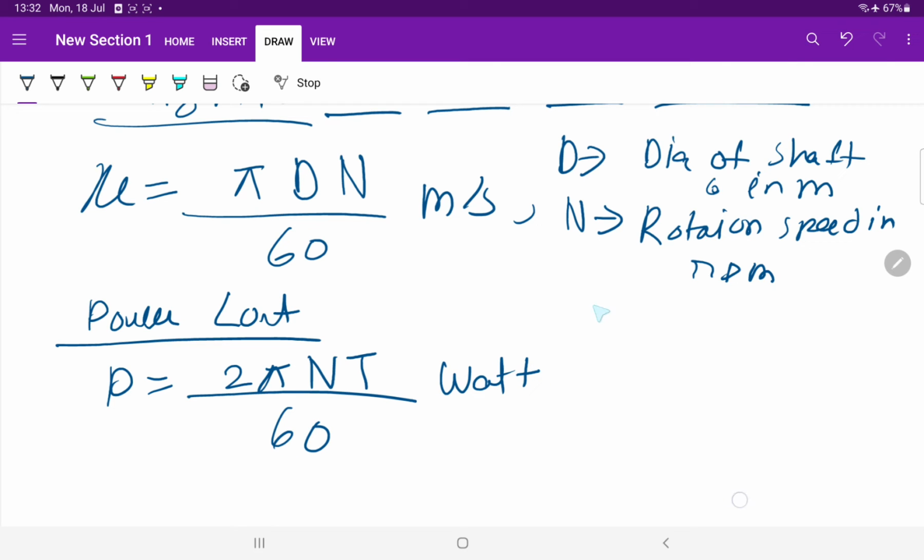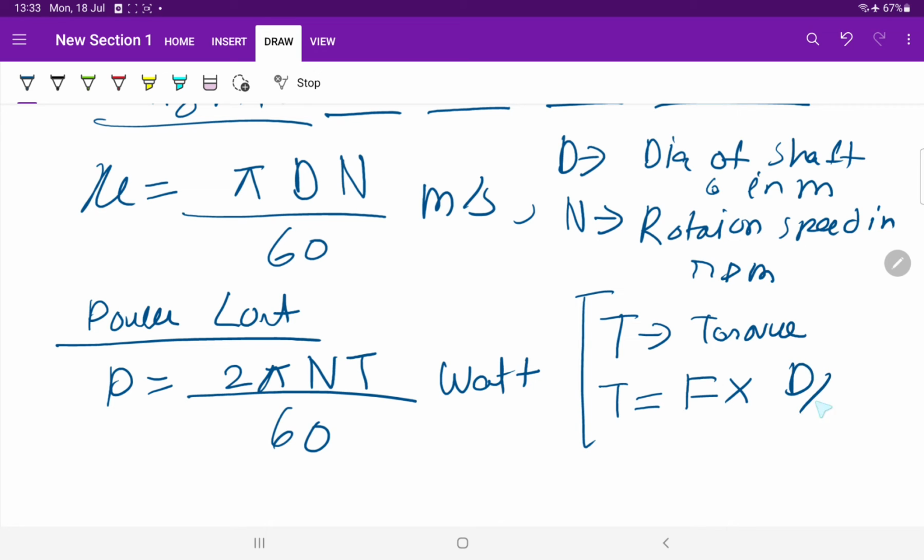This formula is also used in other numericals, not only just this numerical. So now here the only thing you don't know is your T. Now T is torque here, right? And torque is equals to force into d by 2. F is force.